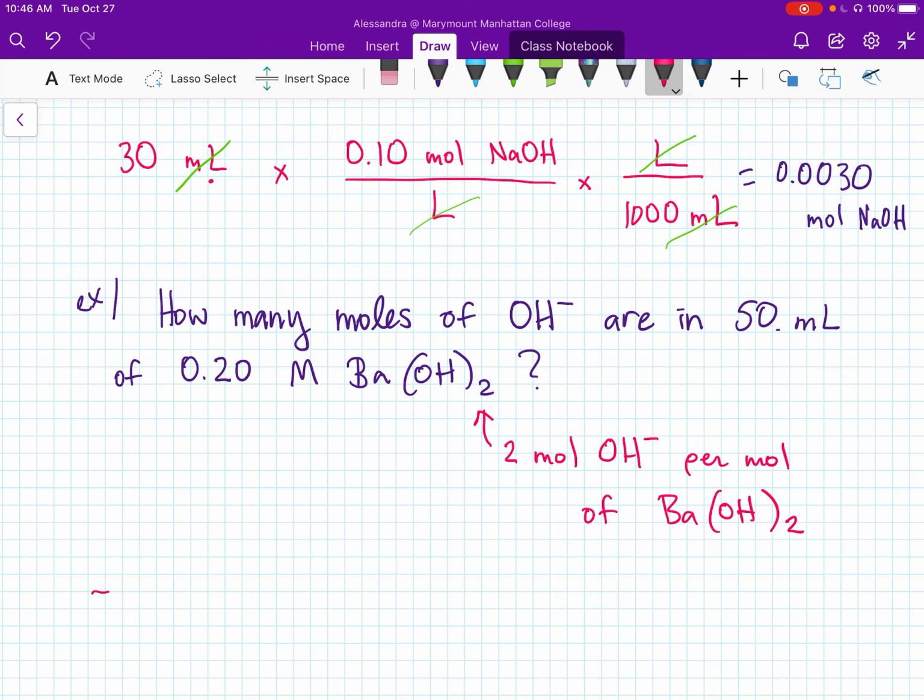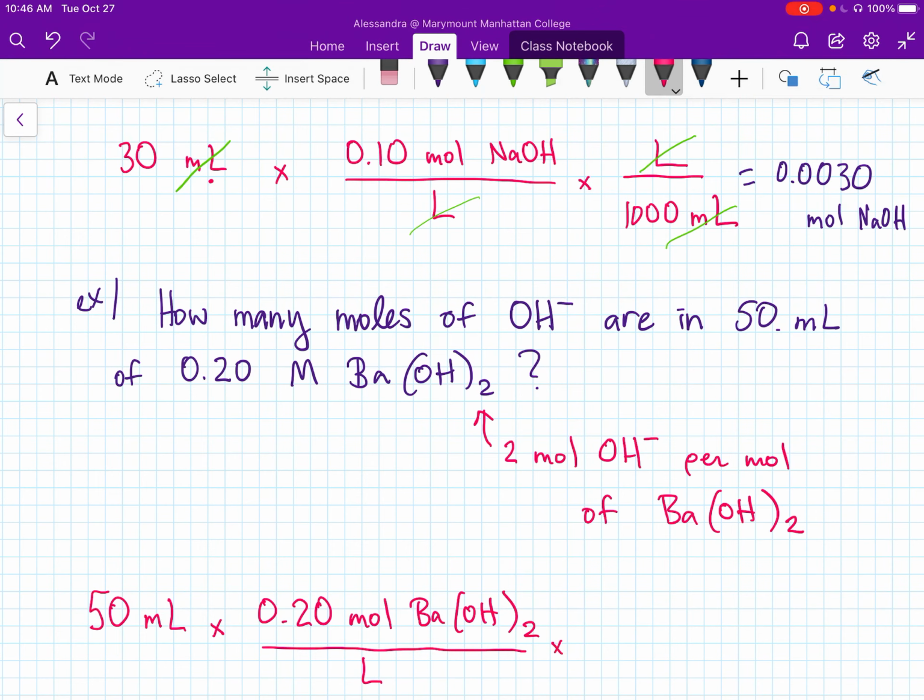We can use the same strategy as in the previous problem. We have 50 milliliters of, the "of" is like a multiplication sign, 0.20 moles of barium hydroxide per liter of solution. That molar is moles per liter.